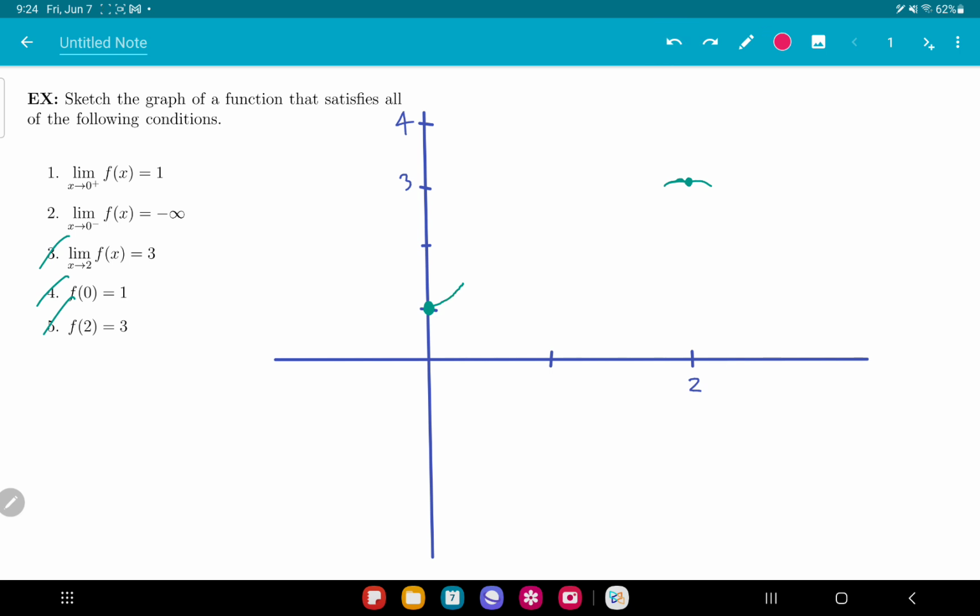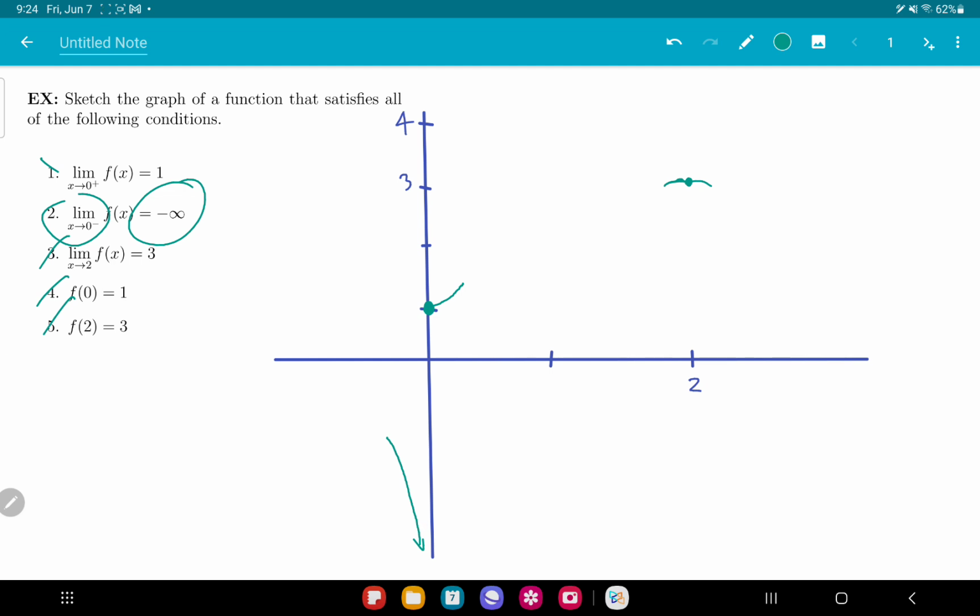All right, what's the last condition? Last condition is the minus infinity there. So when x goes to 0 minus, so when x approaches 0 from the left, my function shoots down to minus infinity. So what I need here is a descent like that.